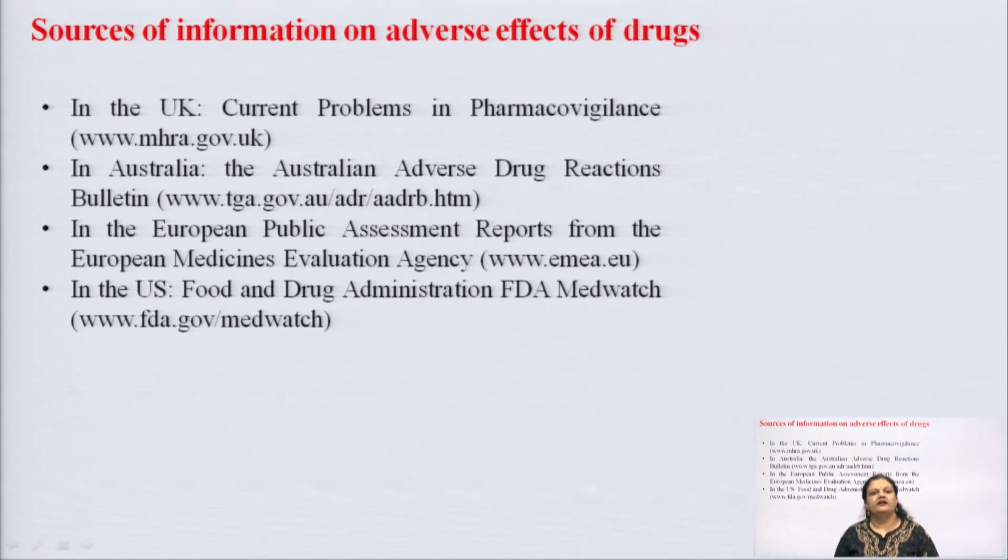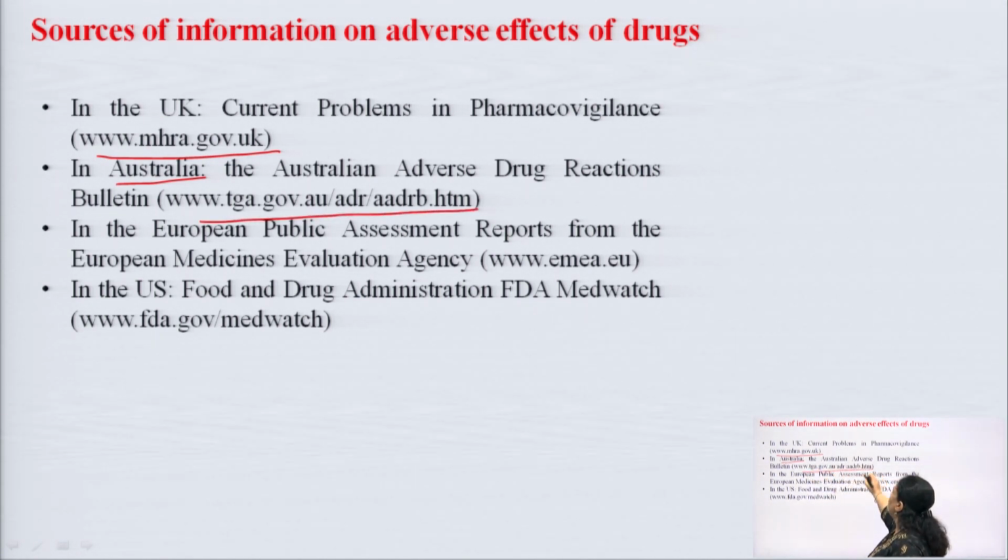So, one by one, country wise. When we are talking about the United Kingdom, current problems in pharmacovigilance, the site is www.mhra.gov.uk. Okay. Second, for Australia, the Australian Adverse Drug Reaction Bulletin website is www.tga.gov.au/ADR/AADRB.htm.